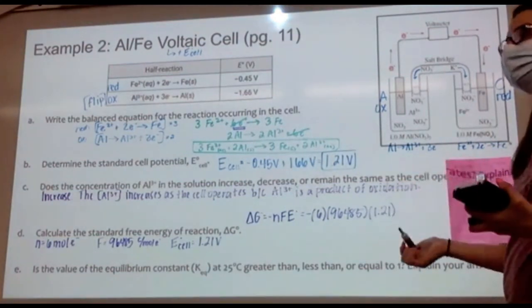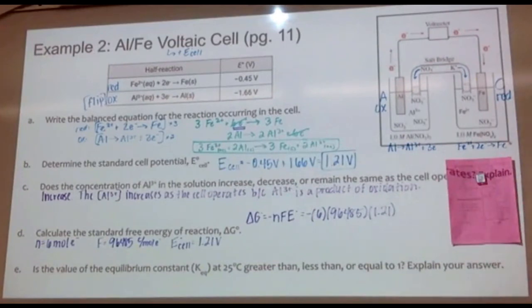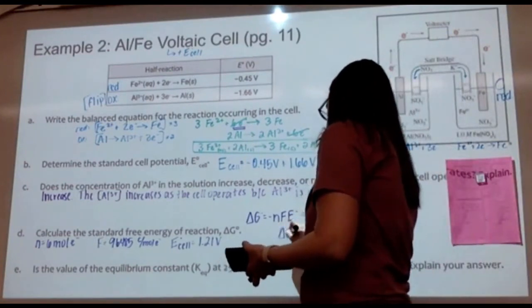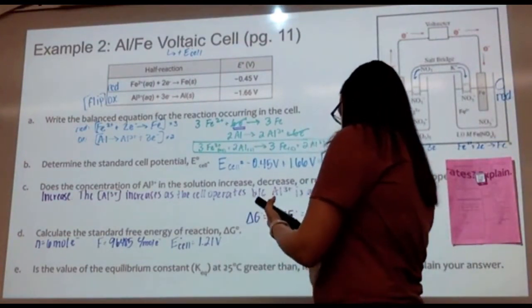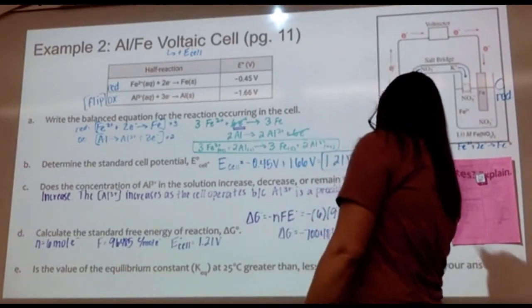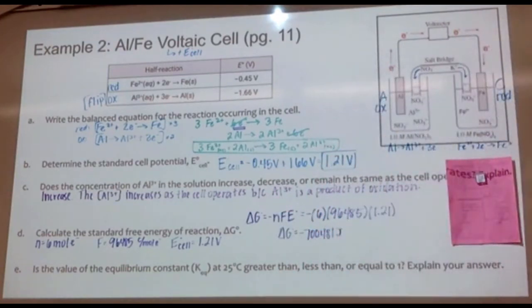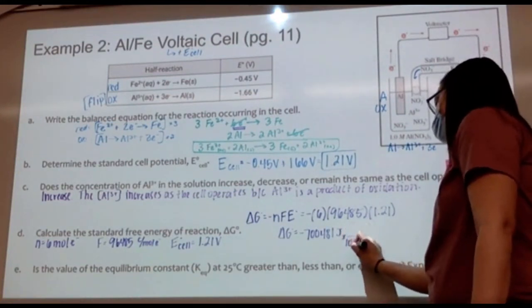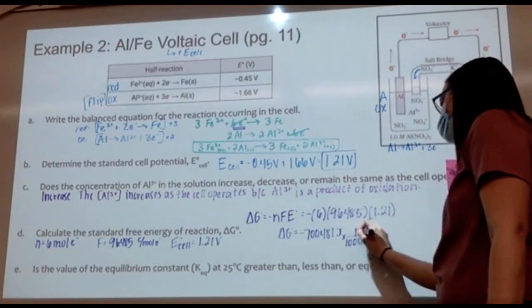This is in joules, because a volt is a joule per coulomb. So when I solve for this, I get delta G equal to negative 700,481 joules. I'll think back to our last unit. What do we typically see delta G given in? Kilojoules. There are 1,000 joules in 1 kilojoule.